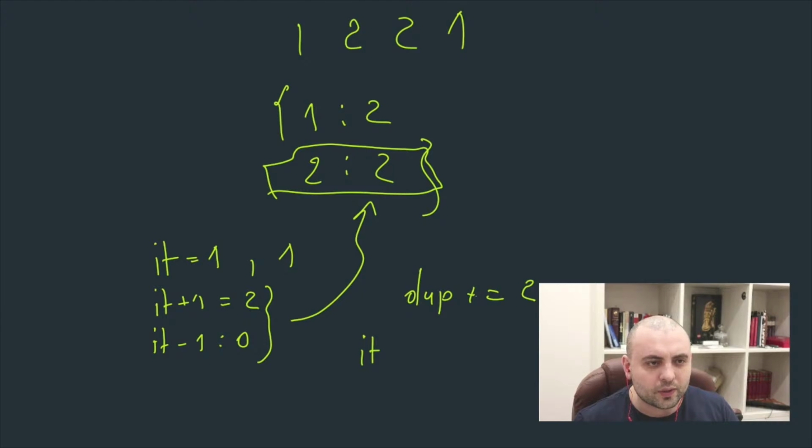So we do our duplicating part, and we remove one from here. And the solution will be something like, in our map, we'll have only 1, 1 and 2, 2's.